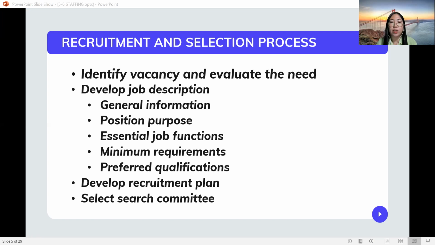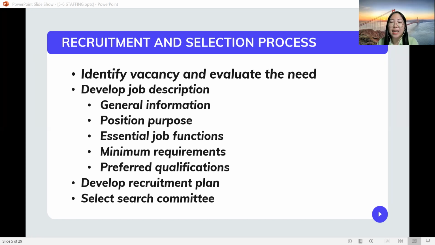Number 1 on your screen would be identify vacancy and evaluate the need. The recruitment should provide opportunities to departments to align staff skill sets and also to initiate the initiatives and goals for departmental and individual growth.